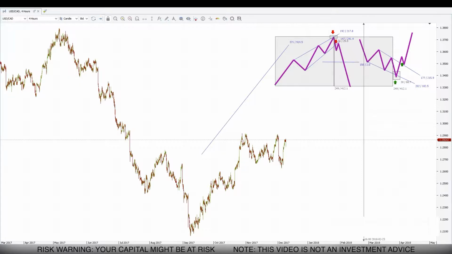They were invented on the stock market, but they have a pattern recognition approach on the binary options market as well, on the FX market as well, and currency pairs.